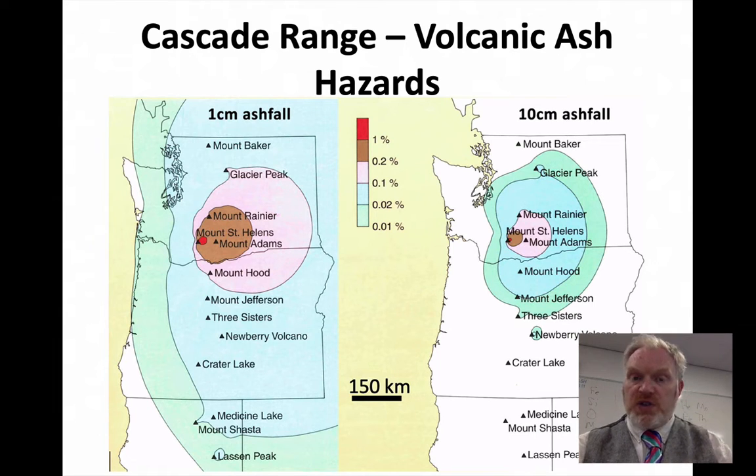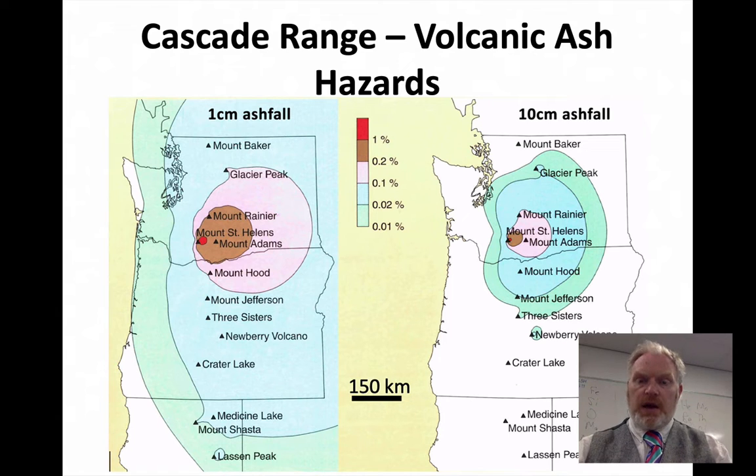The problems it causes on the way include collapsing buildings because of the weight of ash on the roof, significant breathing problems because it's so fine, contamination of water, and killing plants and crops. It can also stop engines from working, whether that's in aircraft or engines for ground vehicles. It's a very widespread and very significant hazard from a volcano.